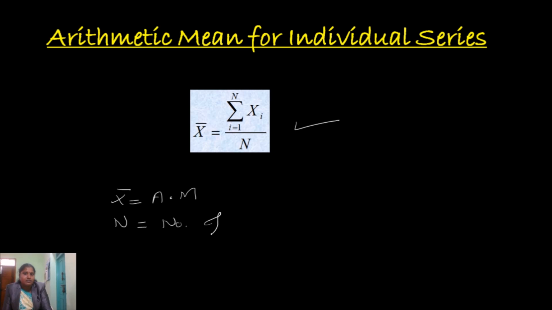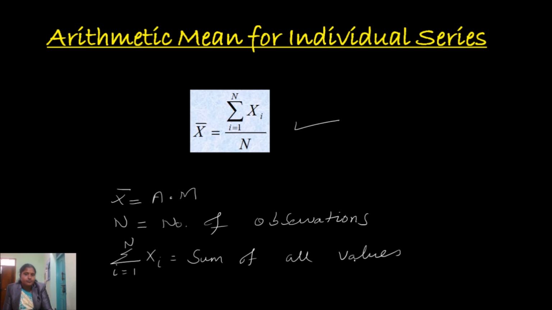How many observations are given is represented by capital N. The next term, sigma i varies from 1 to n, xi, represents the sum of all values of the observations. So using this formula, we calculate the arithmetic mean when individual observations are given.